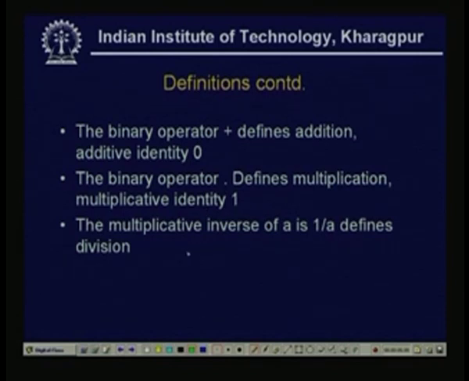Now, if we take one element A on S, then the inverse of A is 1 by A, and if the operator is dot, then A dot 1 by A equals 1, because as I already mentioned, the multiplicative identity is 1. Then we can define 1 by A as the inverse of A, which actually defines division.